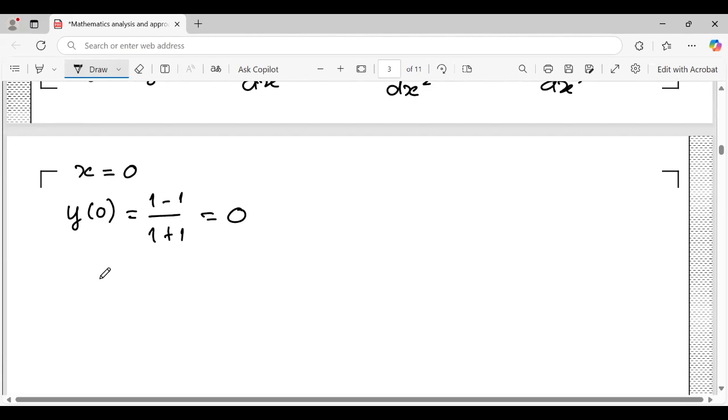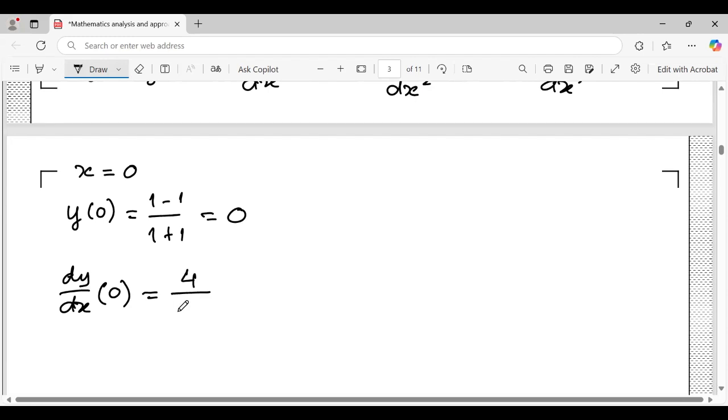And the first derivative dy dx, when x equals 0, is 4e power 2 times 0, so 4 times 1 equals 4.